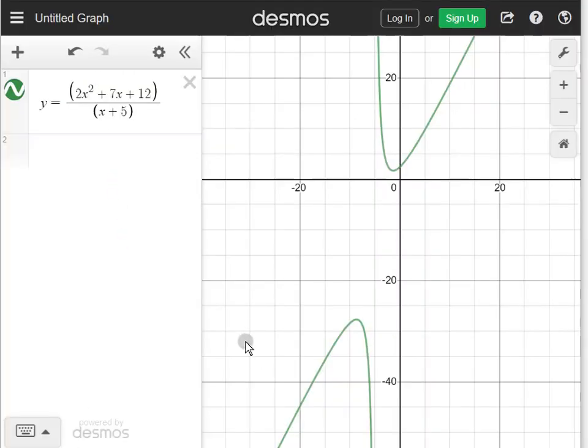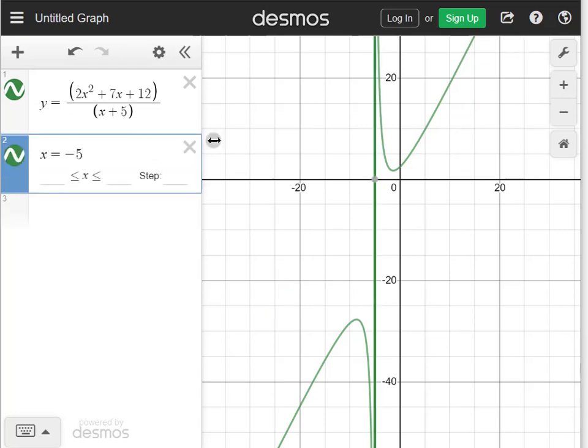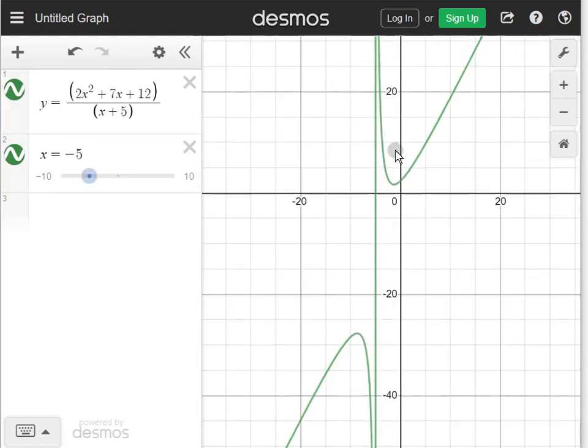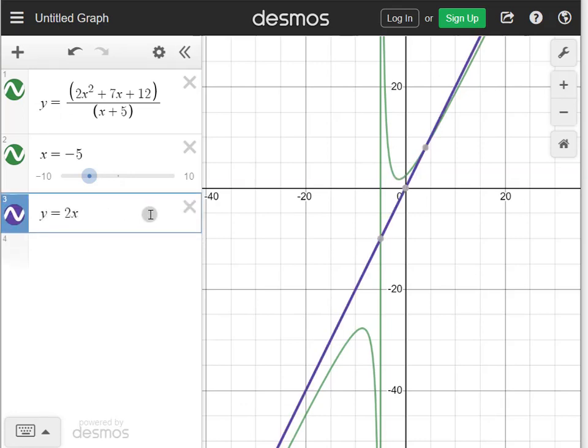Okay, here's our graph. I had to zoom out a little bit, as you can tell, to get a good look at our different parts here. But let's confirm our vertical asymptote is at x equals -5. And yeah, that looks about right. Okay, and I can tell our other one may be a line. Let's try. We got y equals 2x minus 3.